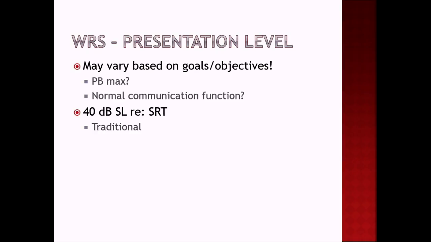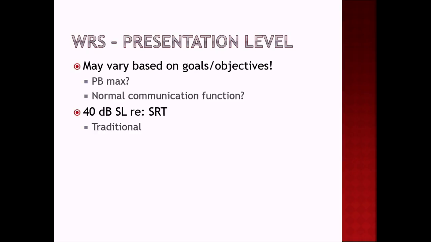If you're trying to find PB Max, and PB Max is going to be the best possible score that the person can get on a word list, period, then you want the presentation level to be the most clear, the most audible to the patient.